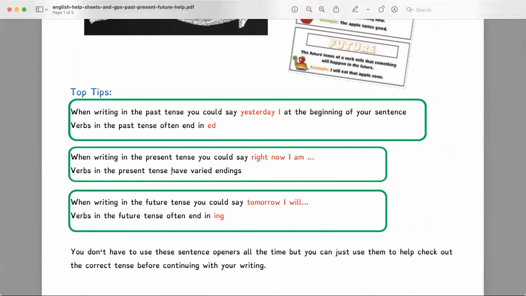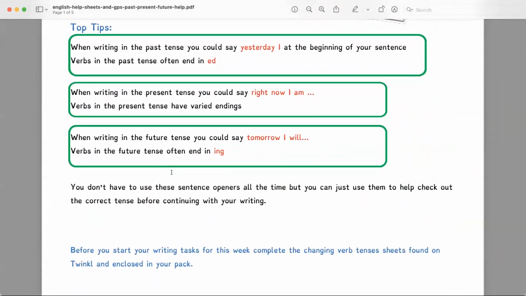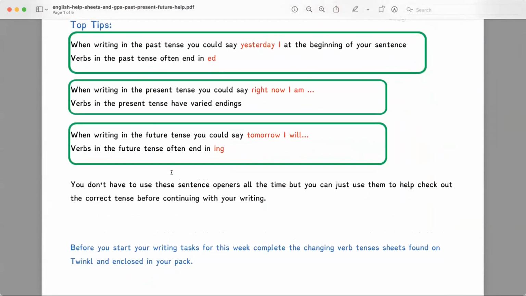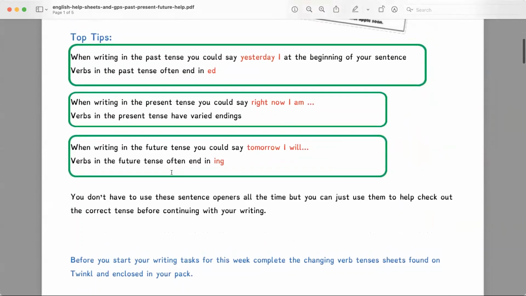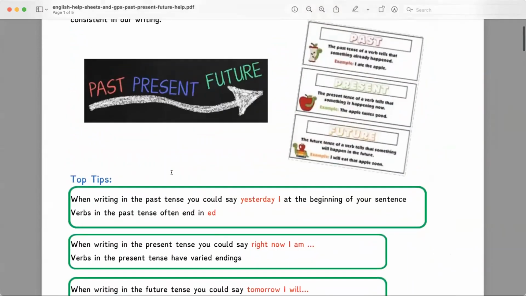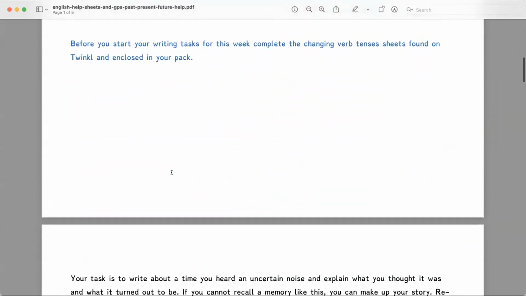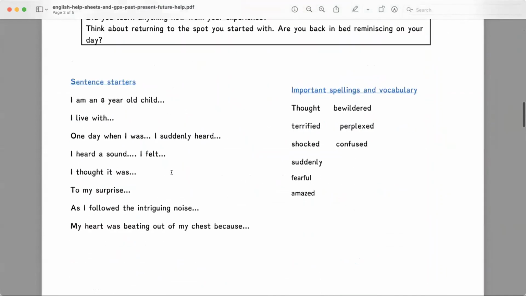Sister, could you please just go for the definition of the three tenses? The children need to write it down, like the definition of present tense, past tense, future tense. Okay. Let me get the definition for you.